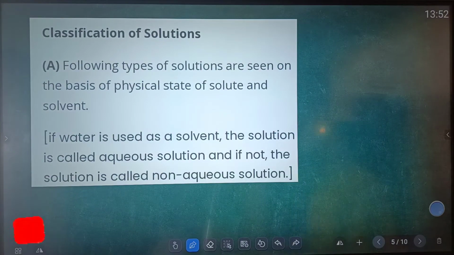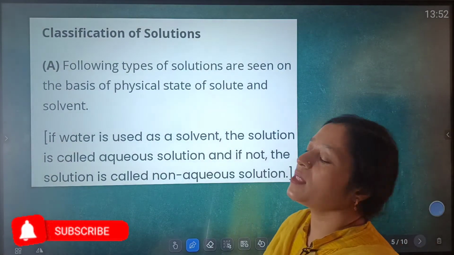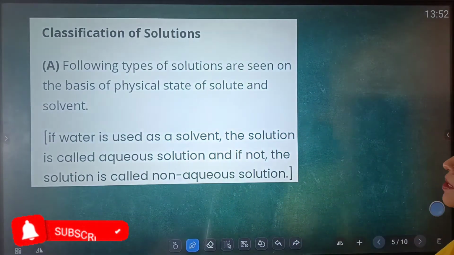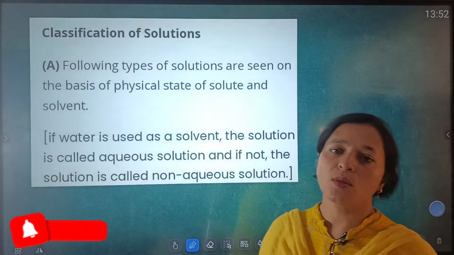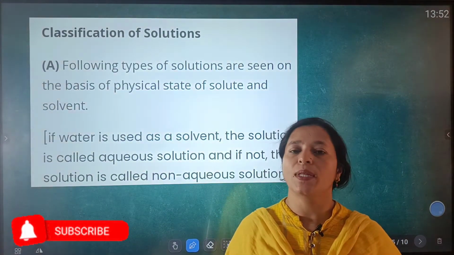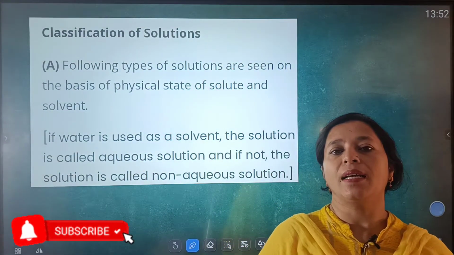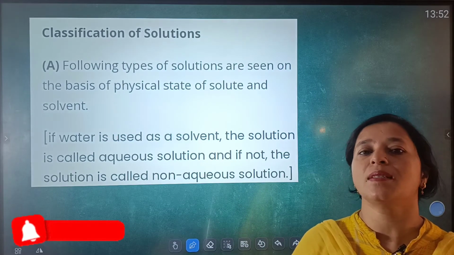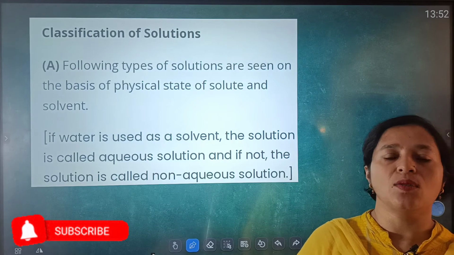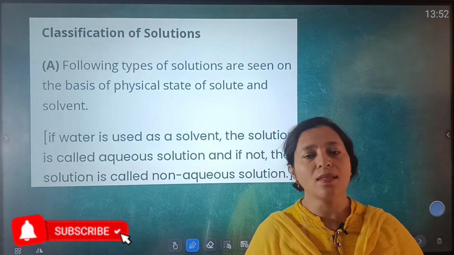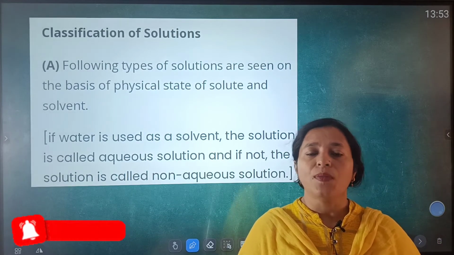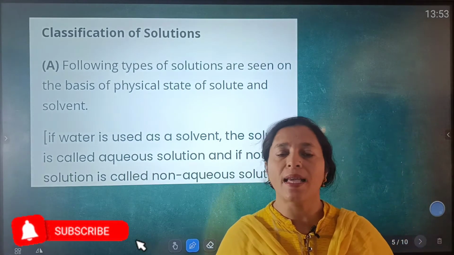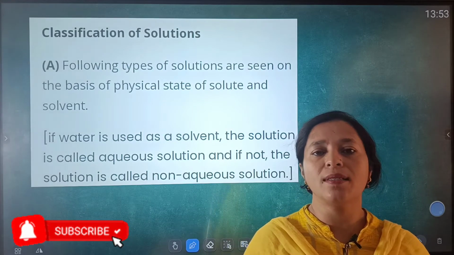Classification of solutions. On the basis of the physical state of the solute and the solvent, we are classifying the solutions. If water is used as a solvent, then it is known as an aqueous solution. And if water is not used as a solvent and some other substance is used as a solvent, then it is known as a non-aqueous solution. Now the other thing is that you must have heard about homogeneous and heterogeneous. What is homogeneous?